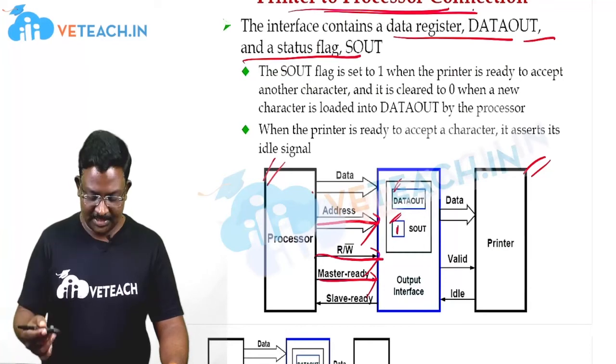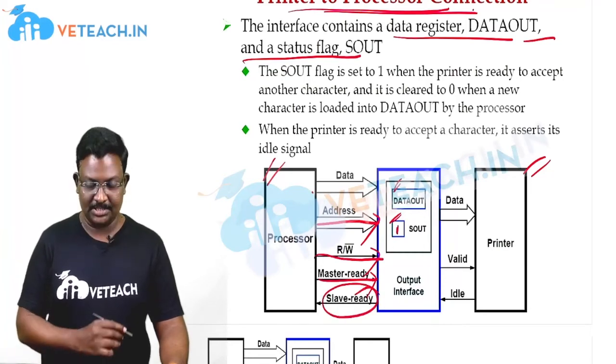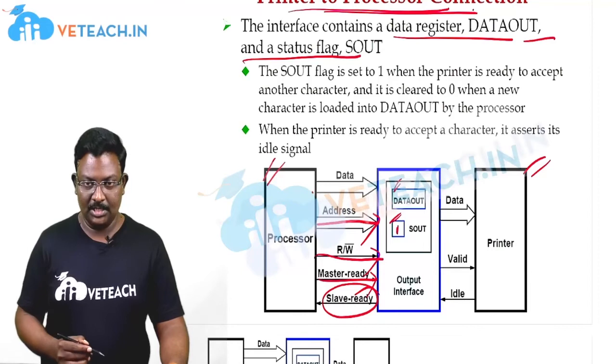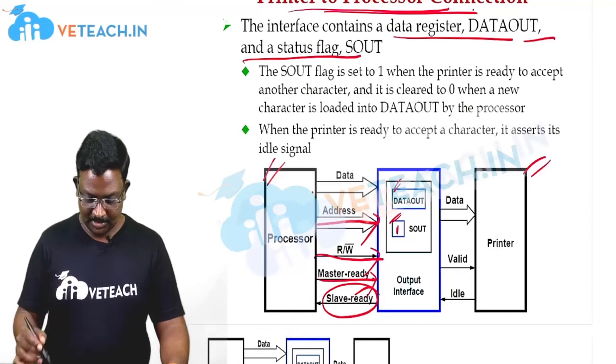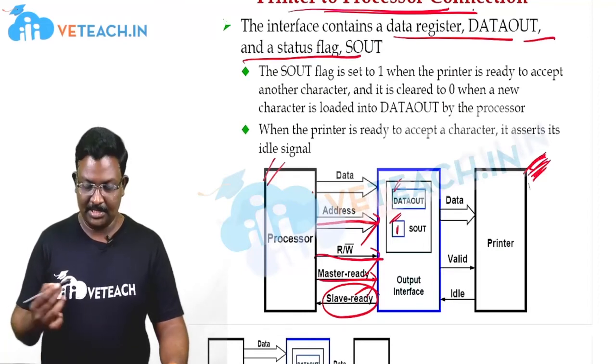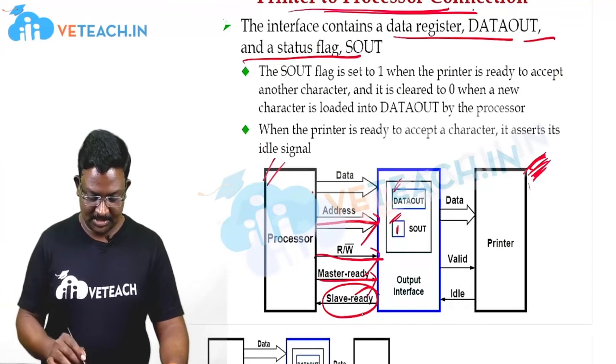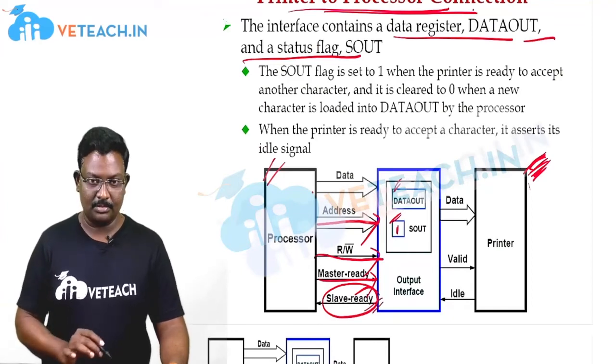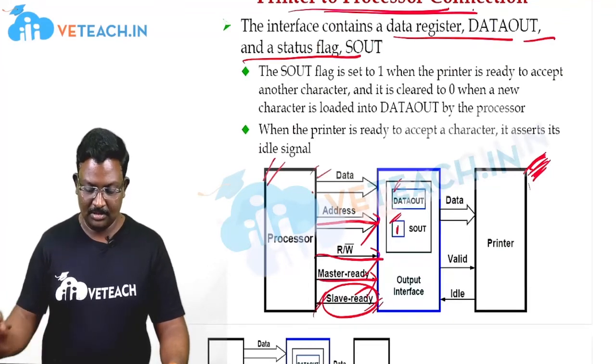Now the processor waits for the slave ready signal, which will be given whenever the printer is ready. By seeing this slave ready signal, the processor will perform the data transfer from the processor to the printer.